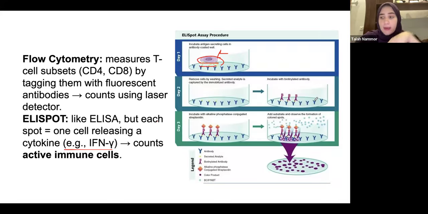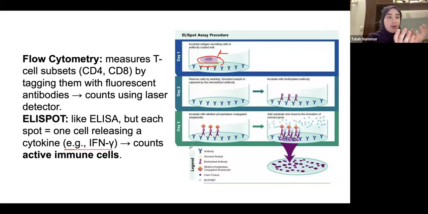And then after you incubate, all right, guys, this is not important. Just the whole idea is we're trying to count the amount of active immune cells. Let's say I'm trying to think of something that makes sense.